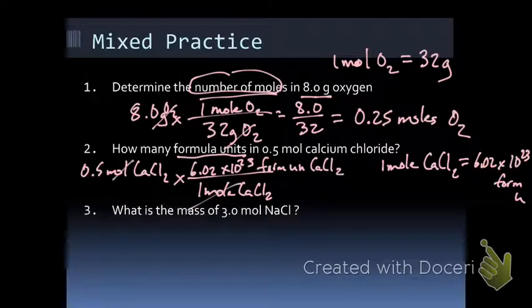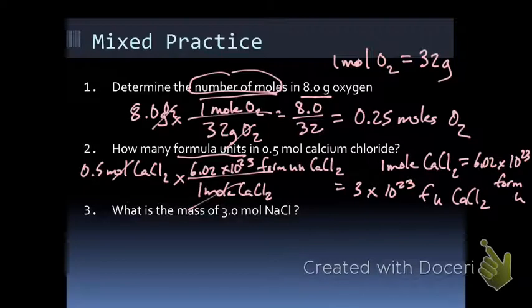So 1 mole, so 0.5 times 6.02 gives me 3.01. Now, I only have 1 sig fig here, so I'm just going to leave it at 3 times 10 to the 23rd formula units. The abbreviation is FUs of calcium chloride.